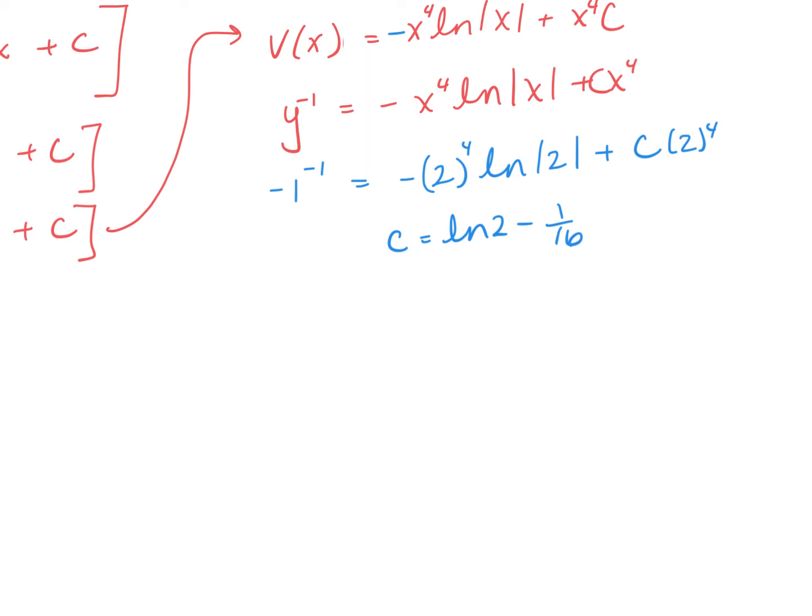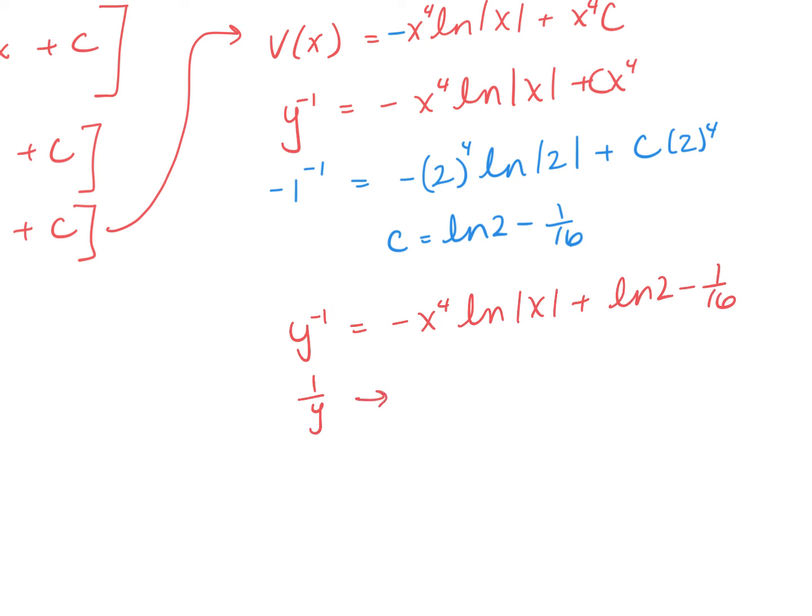So plugging that back in, I have y raised to the negative 1 is negative x to the 4th, the natural log of the absolute value of x, plus the natural log of 2 minus 1 over 16. Now I'm going to solve for y, because this is really 1 over y.